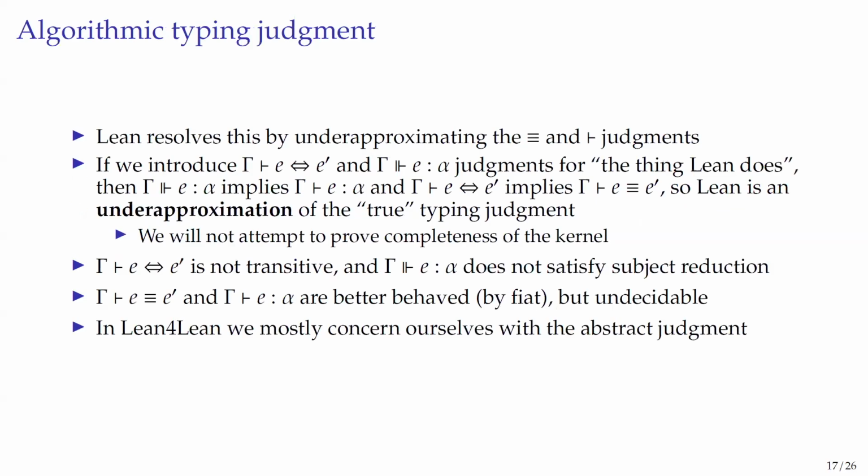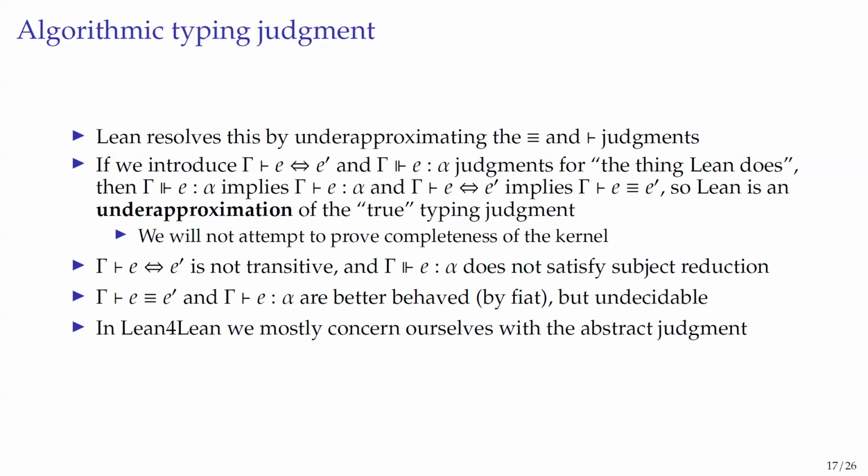In particular, Lean resolves this by not actually doing the full abstract typing judgment that is undecidable. Instead, it does some under approximation of that, which trades decidability for loss of transitivity and subject reduction.